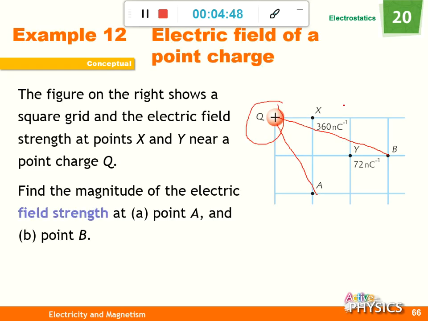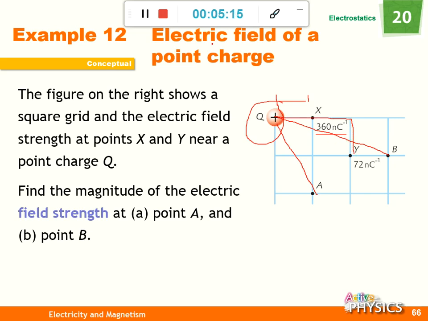Okay. Go back to the question. The question asks what the field strength is at A and at B, because the question gives us this value. If the distance is 1 unit, then it should be 360. If this one is 2 grids horizontally and 1 grid vertically, you can use the Pythagorean theorem to find it.